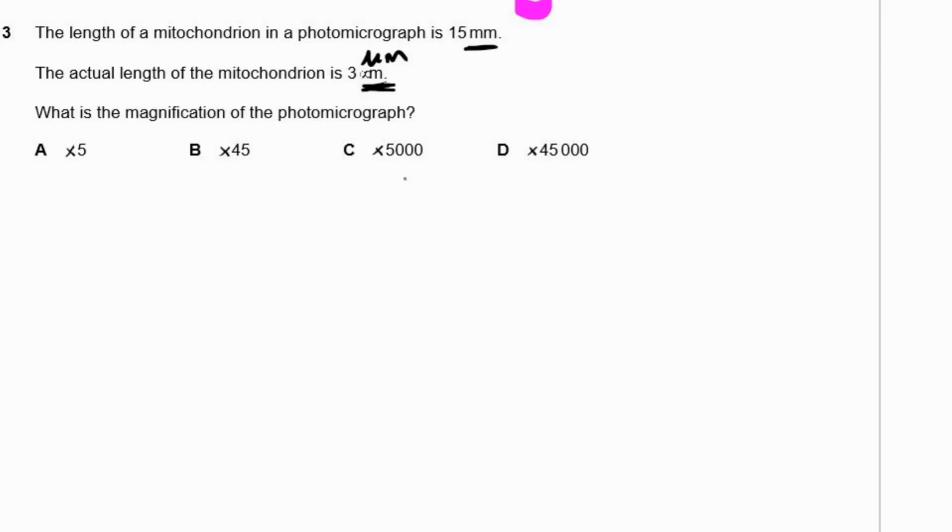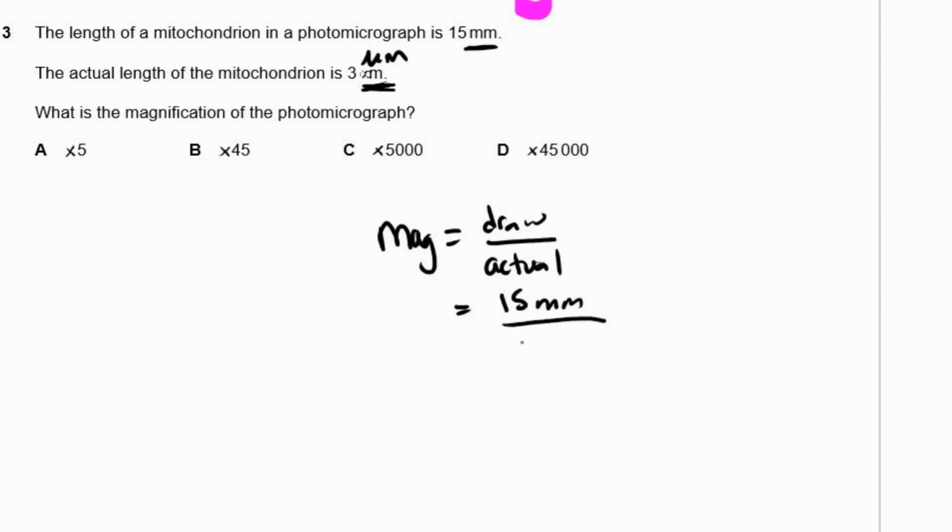Okay, so the equation you should use for this: magnification equals the drawing, or the photomicrograph, over the actual size. So the photomicrograph is 15 millimeters, divided by 3 micrometers. Now, in order to convert millimeters to micrometers, you multiply by 1,000.